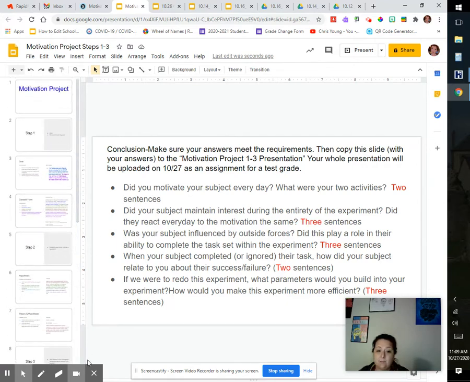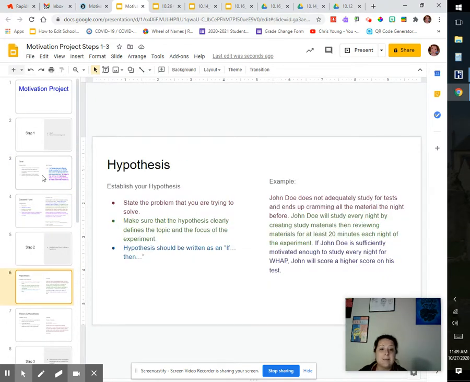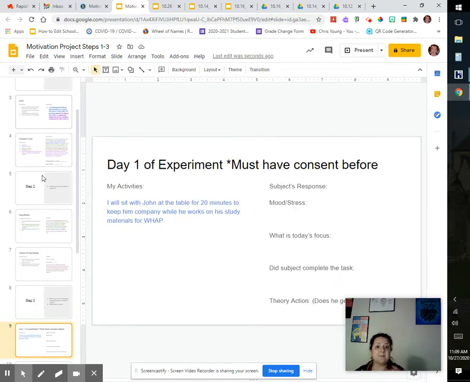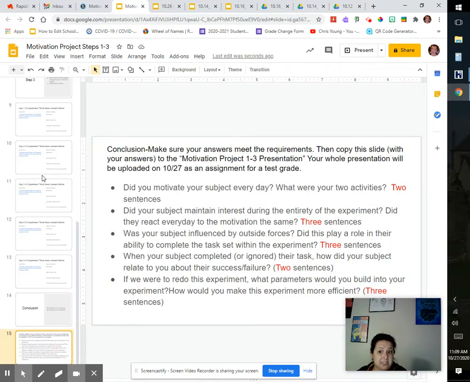So when I am looking at my documents, I should have my goal, my consent form, and my hypothesis, my theory, and then we are going into the experiment, day 1, 2, 3, 4, 5, and then finally my conclusion.